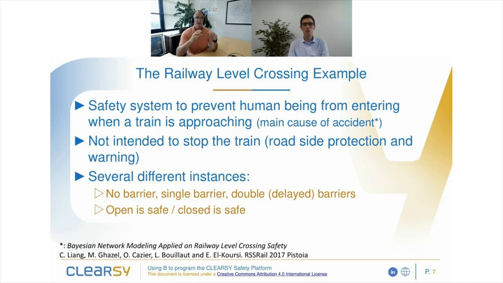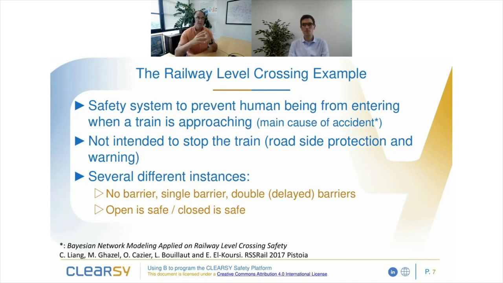The idea is to make the driver aware of the situation. So you have the barriers to prevent him from entering this area, and you have the red signal to make him aware of the train approaching the crossroad.